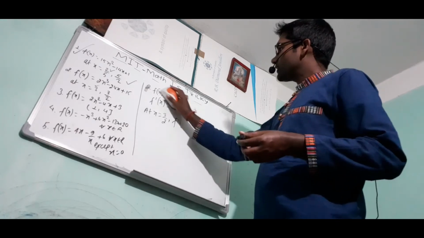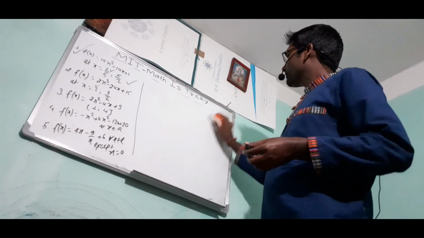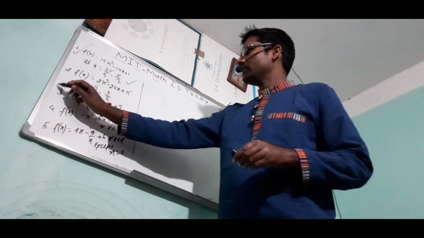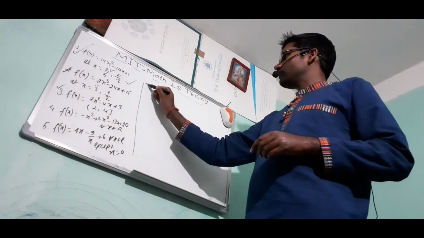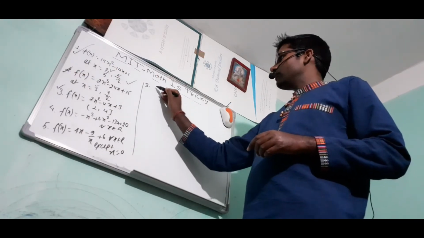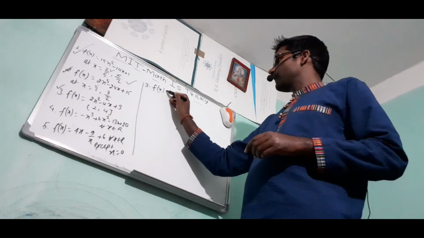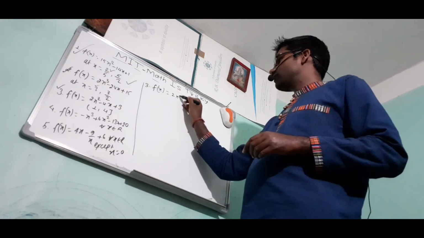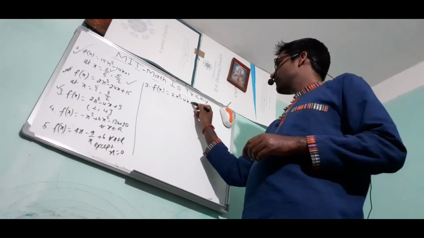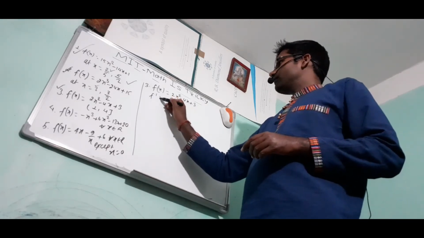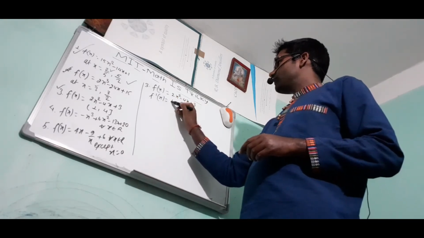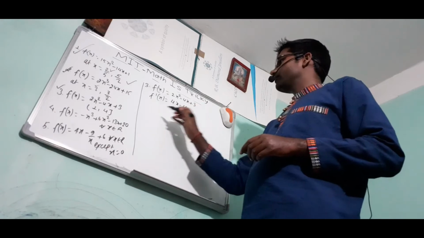I'm going to solve the next question for you, and the question is here for the third question. Already we have solved the first 2 questions. Now question number 3. We are given here f(x) as 2x square minus 4x plus 3. So as before, let's find the first derivative, and it is simply here 4x minus 4.